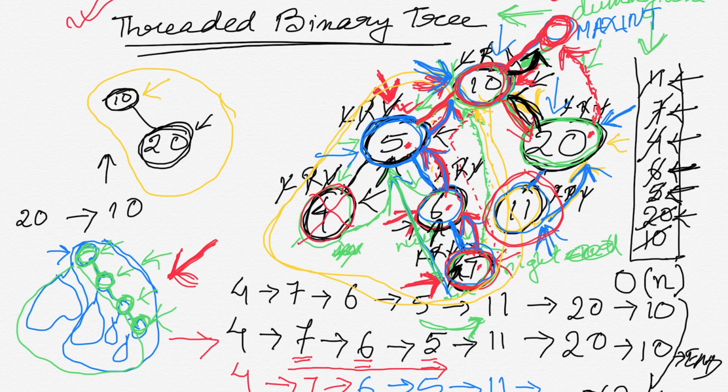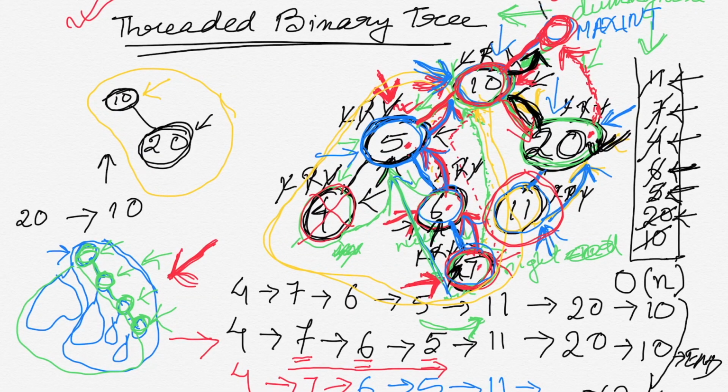And then, as we have done before, starting from the predecessor, even though we have changed the right pointer, whichever node was the predecessor, we start from there.